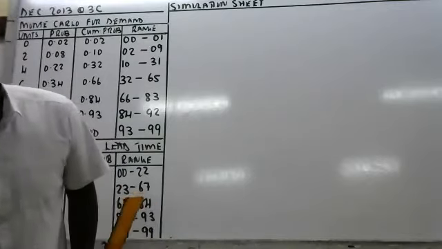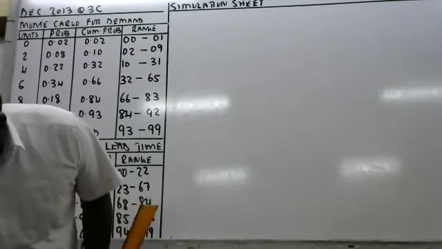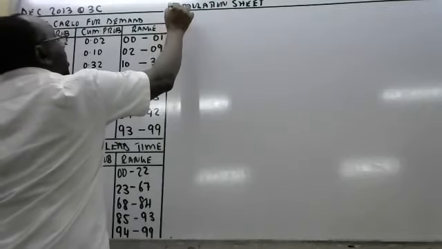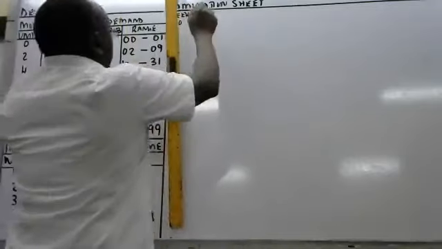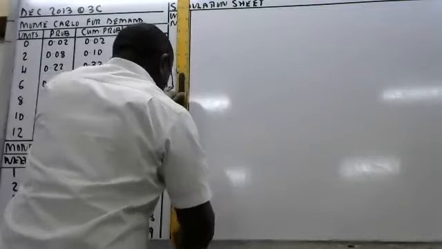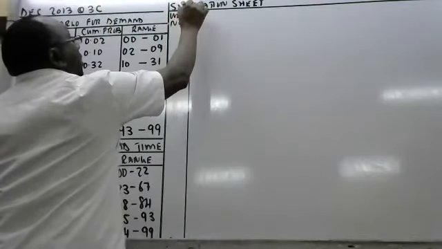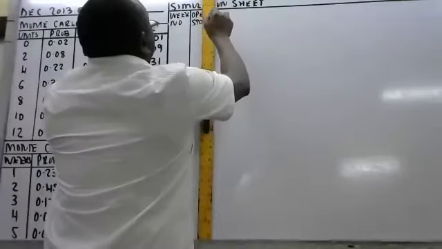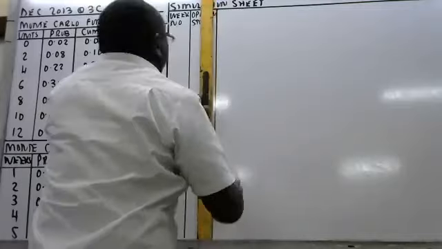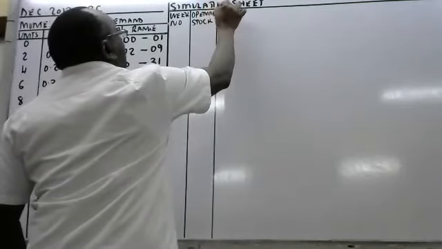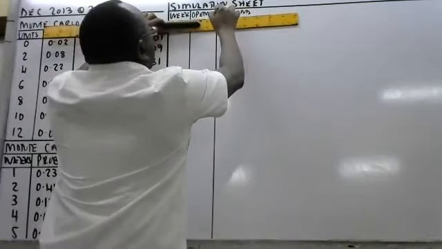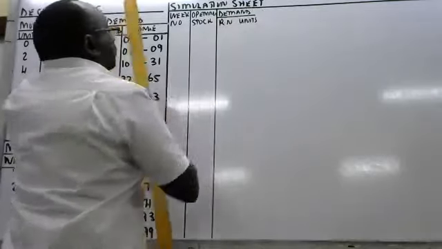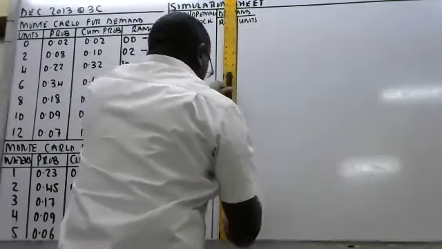Obviously we are told to run in terms of weeks, so we have week number, then opening stock, then demand, with random number and units.